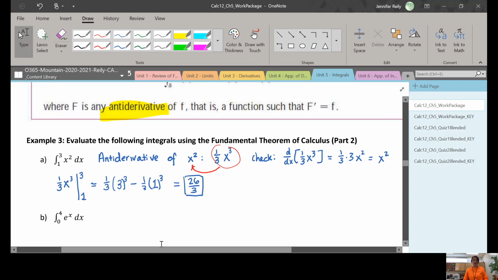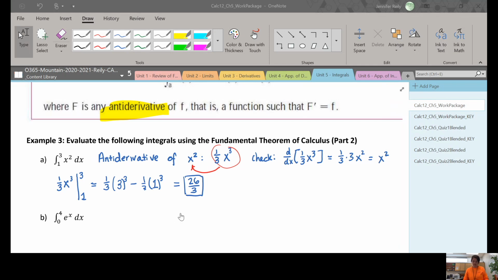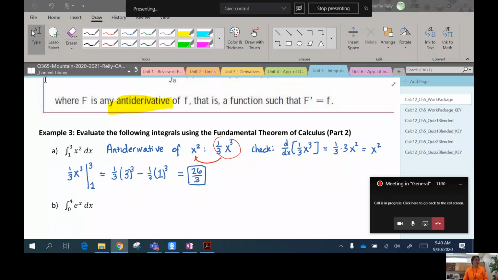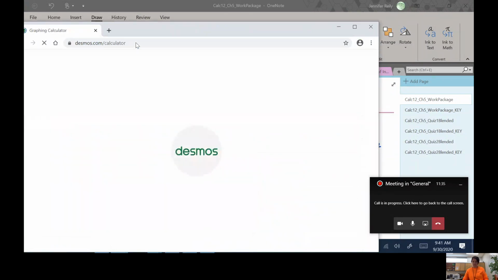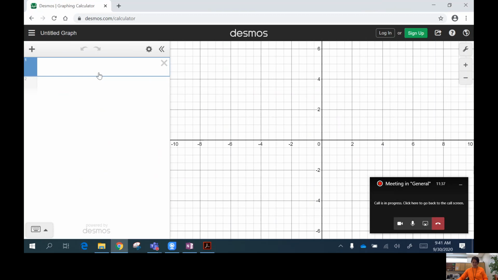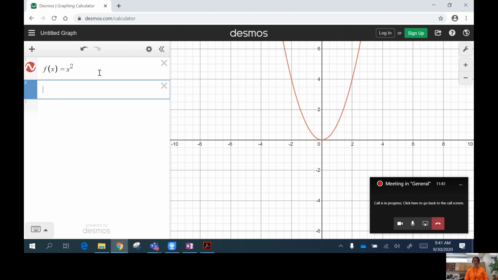Okay, I'm going to show you guys how to check your answers using Desmos. I'm just going to share my full screen here. I'm going to go to Desmos. So if you want to do an integral in Desmos, well, actually, first let's define our function x squared. If you want to do an integral, you can just type int, and it automatically pops up.